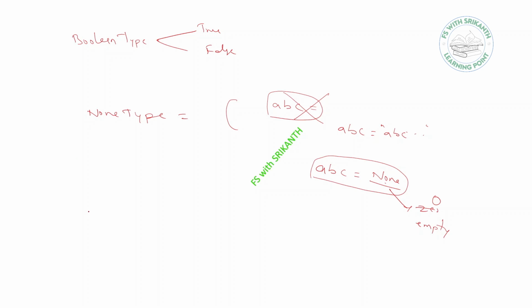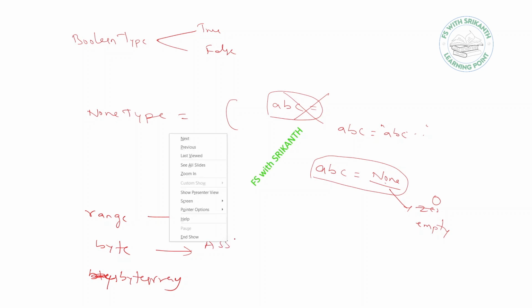And there are some additional data types like range, bytes and bytearray, which we will discuss in further classes. Range is a sequence of numbers that will be printed. We can convert to ASCII values, printing based on ASCII from 0 to 255.